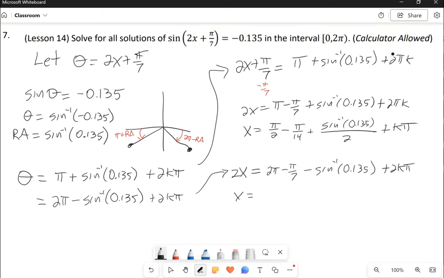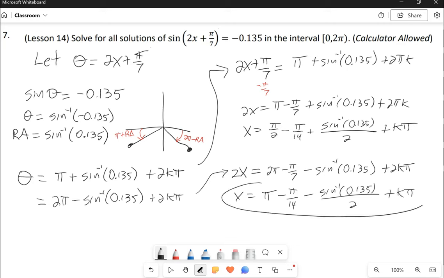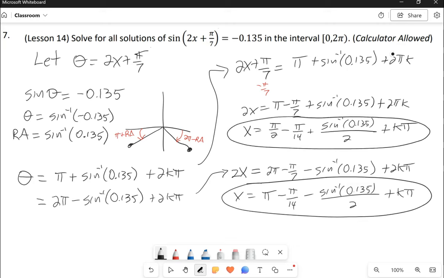And so x equals, divided by 2, pi minus pi 14ths, minus arc sine of 0.135 divided by 2 plus k pi. So let me highlight or circle these. These are all of the solutions, all of them.